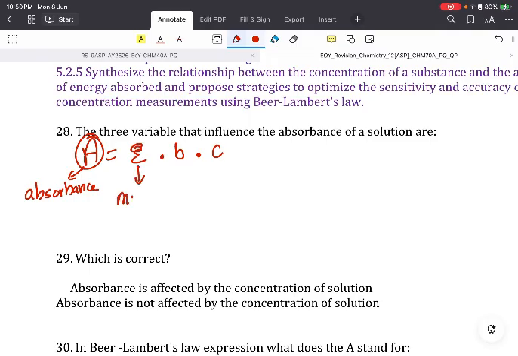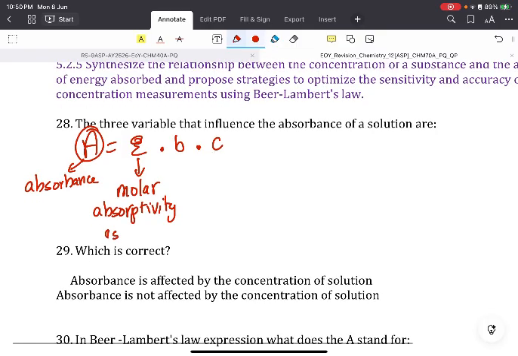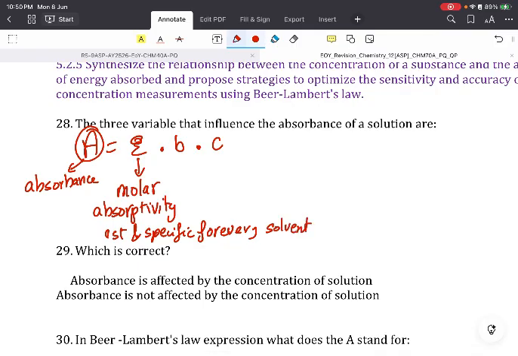This one is called molar absorptivity, and it's usually constant and specific for every solvent with a specific wavelength.